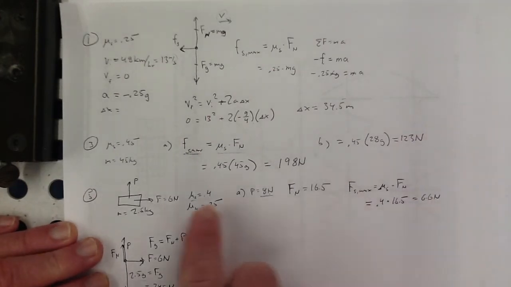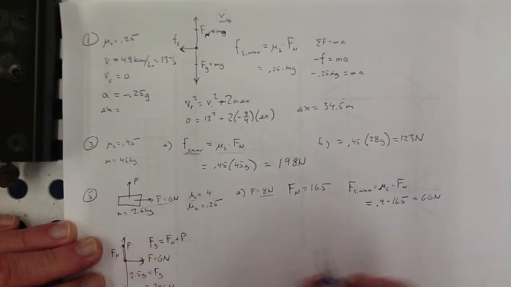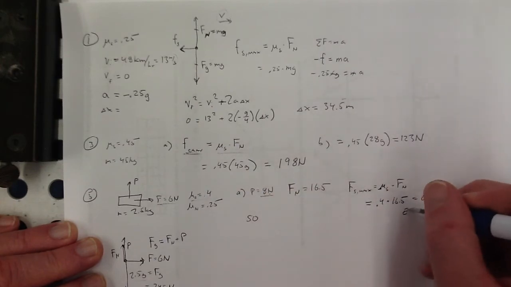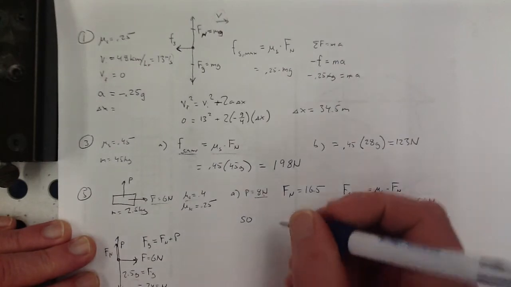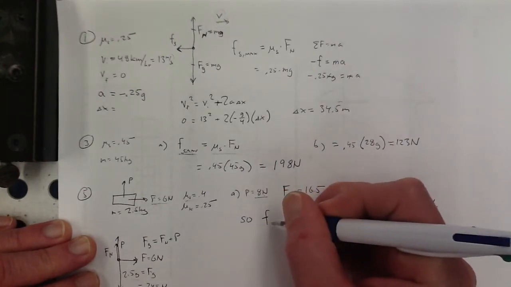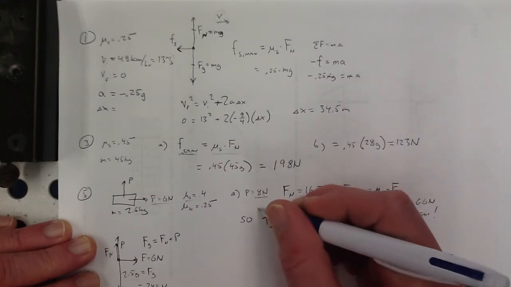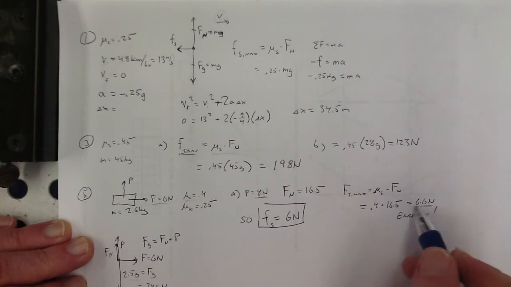Is that enough to keep it from moving? Yes, because it's bigger than this. So how much friction will there be? This is enough. Yay. So the force of static friction is equal to 6 newtons, not 6.6. Why not? This is just what the maximum is.